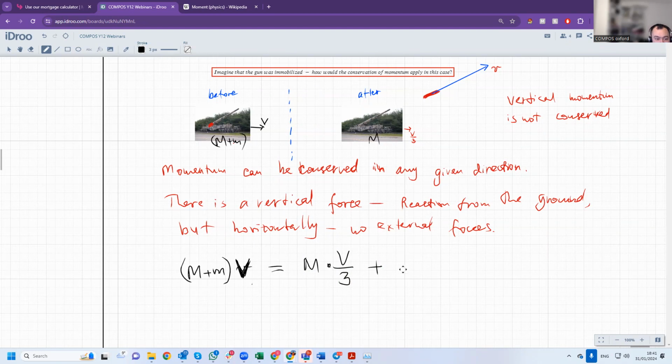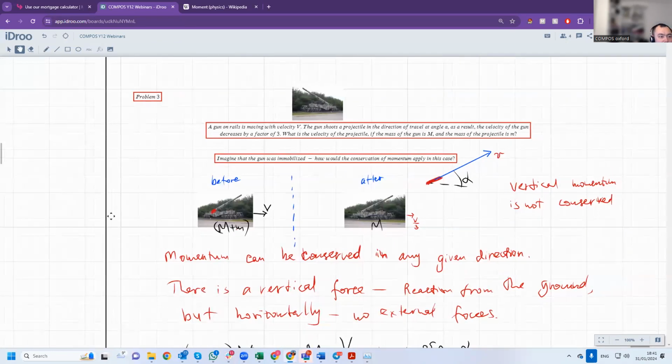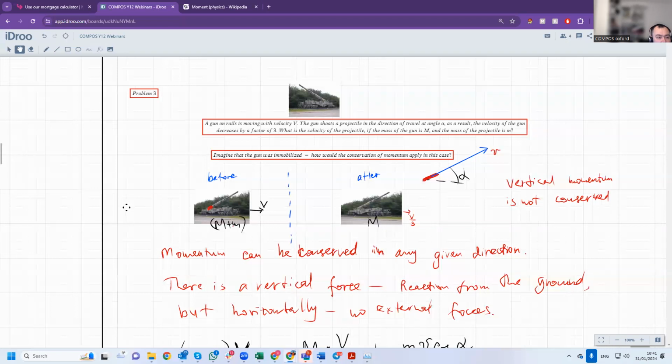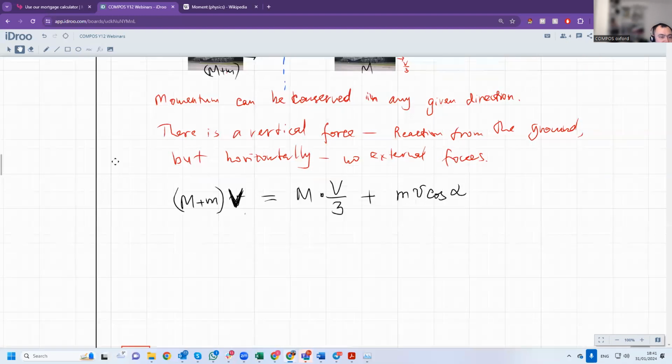And the momentum of the projectile is m small times v small cos alpha, because alpha is the angle. And what are we looking for? The velocity of the projectile, small v.